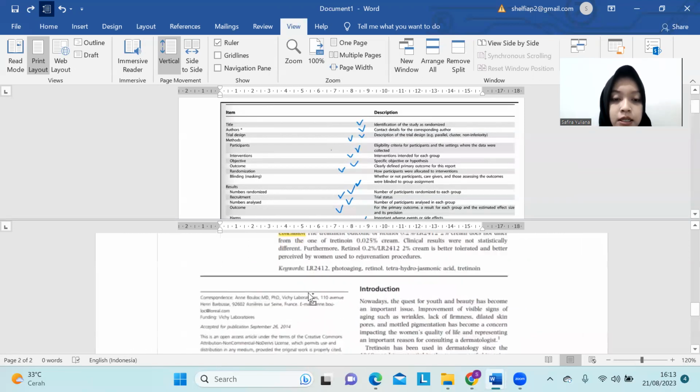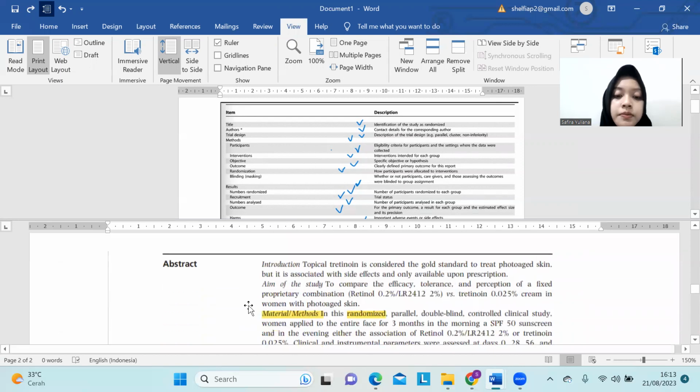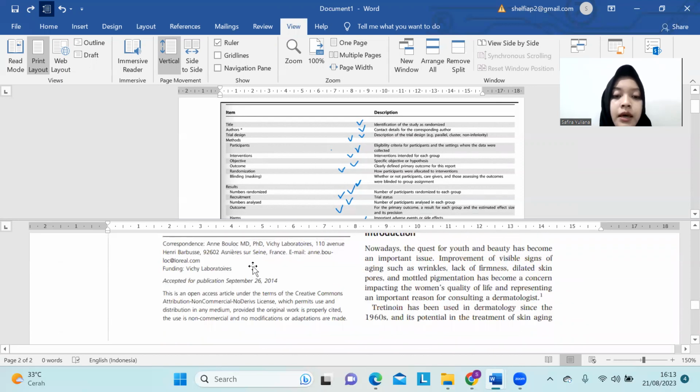The corresponding author is N. Bullock, MD, PhD, Vichy Laboratories, 110 Avenue Henry Barbusse, 92260 Saint-Denis, France, and there is an email, Bullock at L'Oreal.com. And the funding is Vichy Laboratories. And accepted for publication on September 26, 2014.